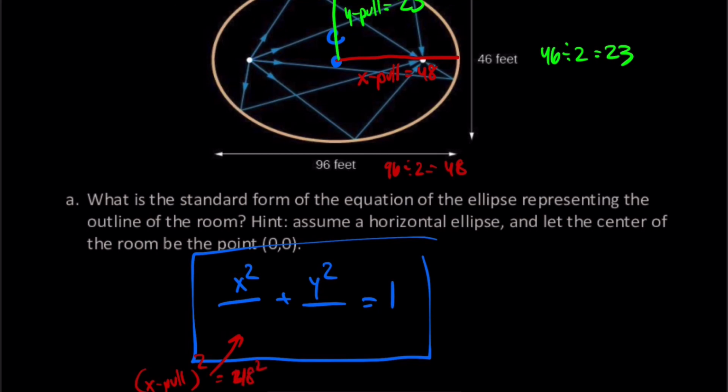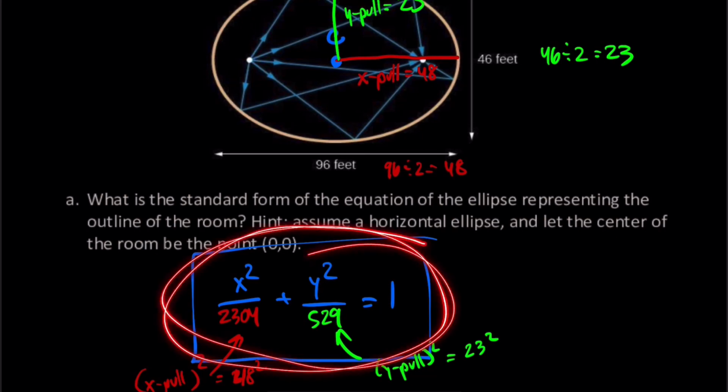Kind of a big number, 48 squared. I got 2,304. And then for my other one, that's going to be y pull squared. So in this case, that's going to be 23 squared, and 23 squared is 529. All right, so there's our equation.